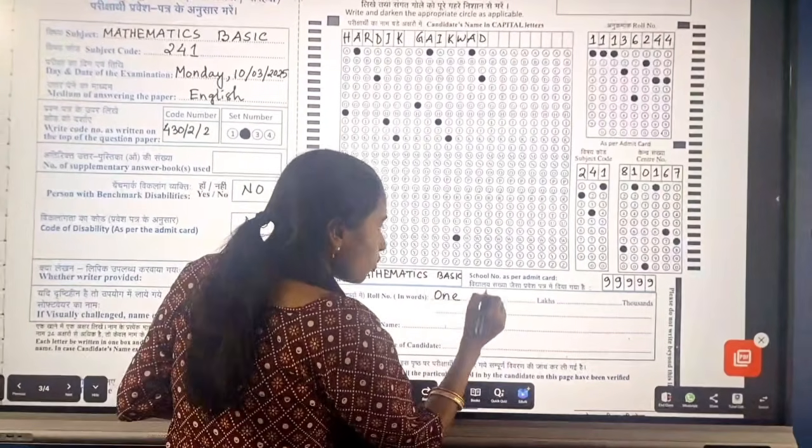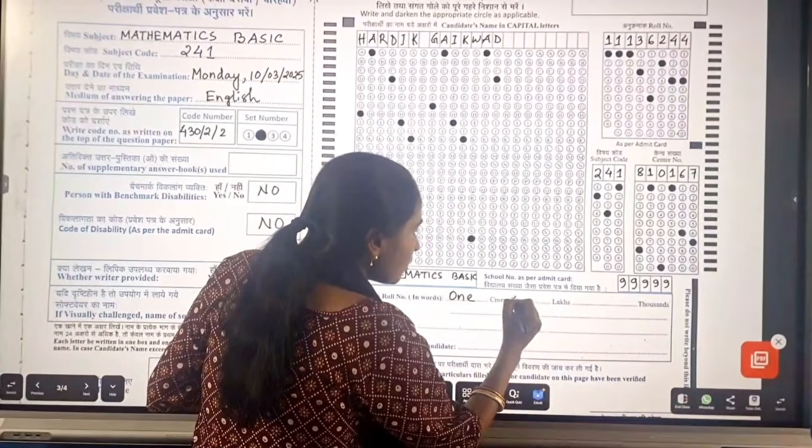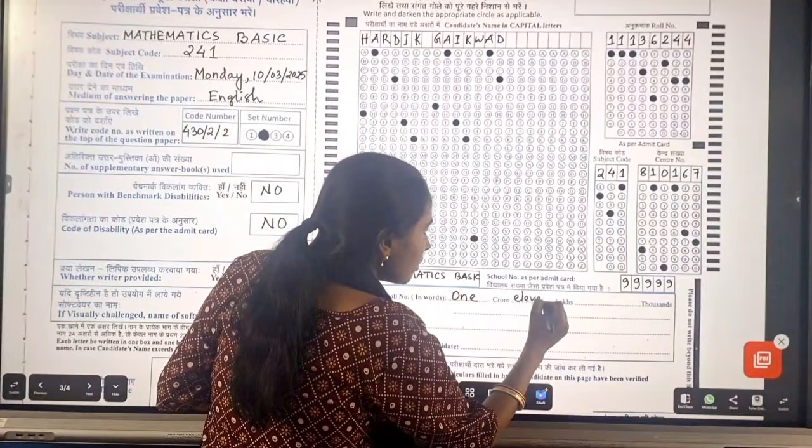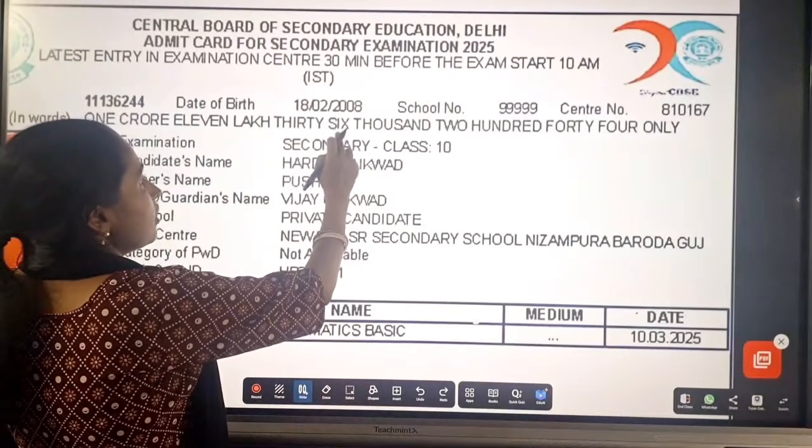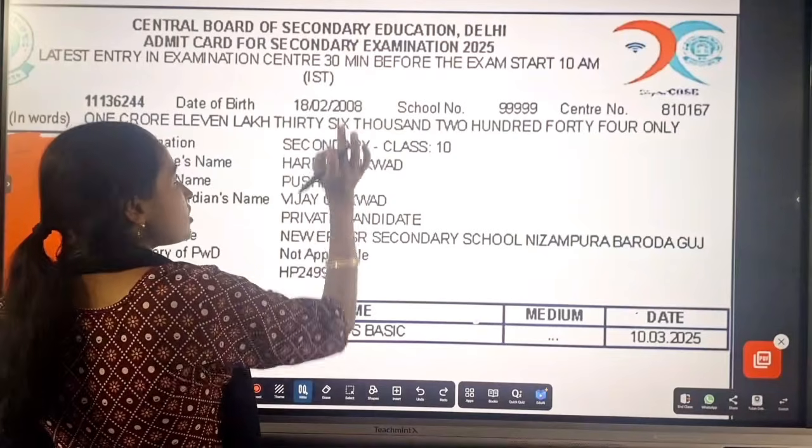Here you will write 1 crore, then 11 lakh. After that what was there? 36,000.